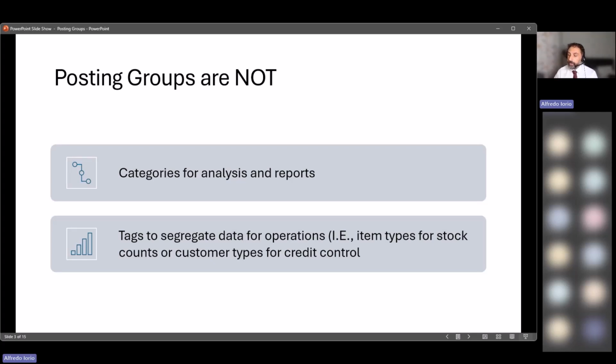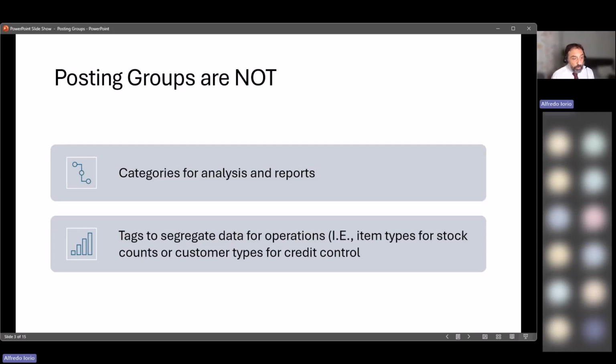You can group and categorize your customers and vendors using customer posting groups. You can categorize your items. Posting groups are not categories, and I will show you why. There is a clear explanation for that. Although they sound like categories, they are not categories, and they are not, of course, for analysis and reports.